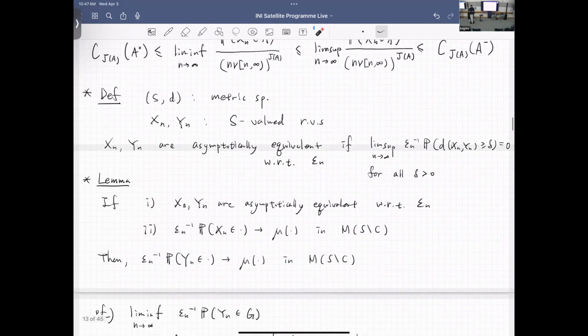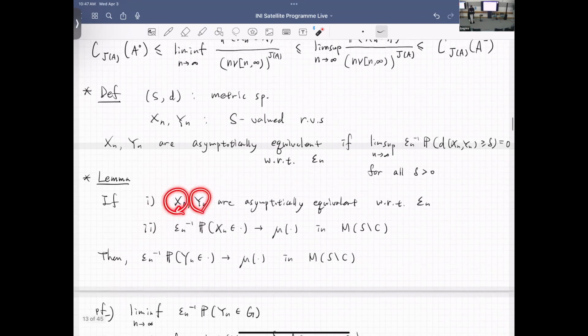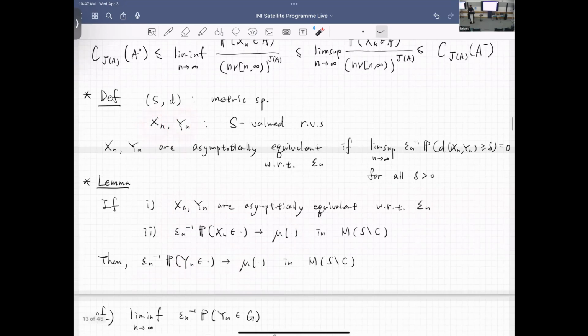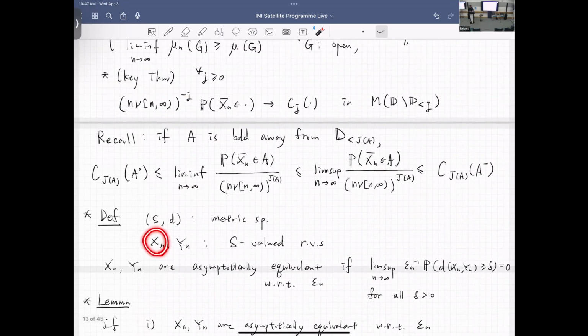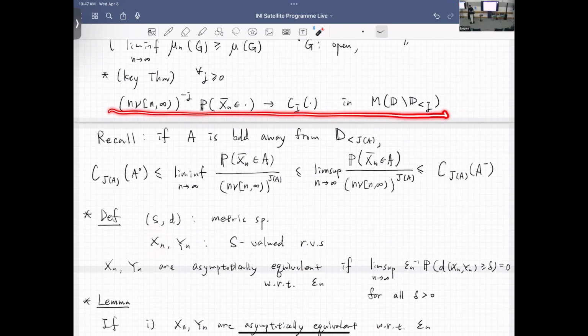This notion is useful because if X_n and Y_n are asymptotically equivalent, and we know that one of them converges in M, then we know that the other one also converges to the same limit in M. So if we have asymptotic equivalence between X_n and Y_n, and the limit theorem of this kind for one of these, then you get the same limit theorem for the other one.